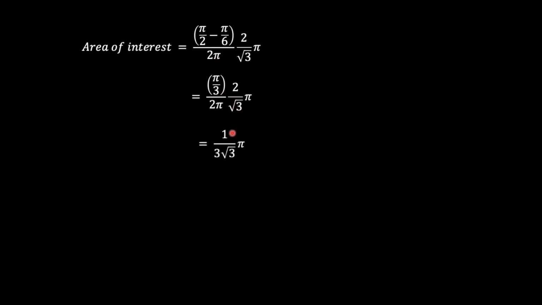And so we get the final area here to be 1 over 3 root 3 pi. And this is the same answer that we found with the integration in the first way and the parametric integration in the second method. And then here with the visual approach, we are also getting the same answer.